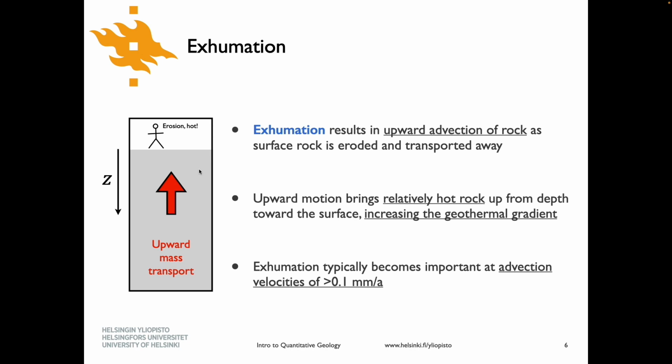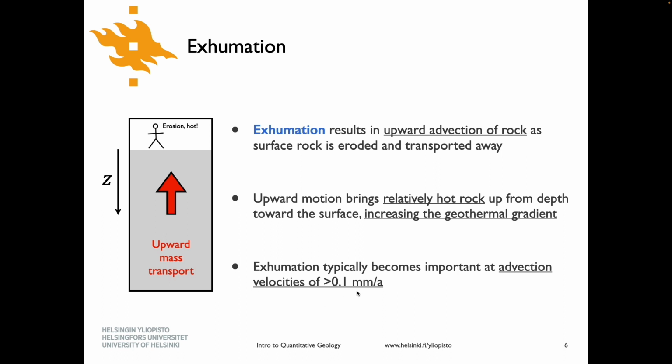So this exhumation process results in rock that's at relatively warm temperatures deeper in the Earth, moving up toward the surface and cooling down. And this is the reason why this little stick figure says erosion hot, is that essentially the process of erosion is removing the mass and bringing things up toward the surface.